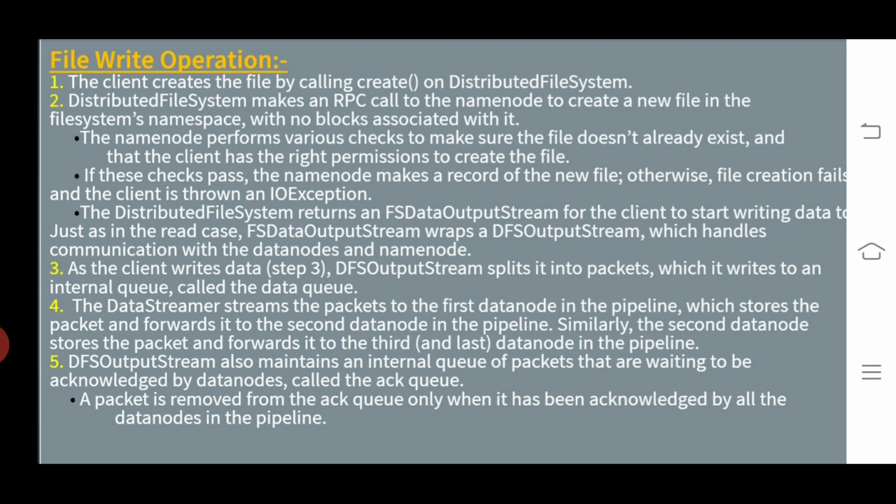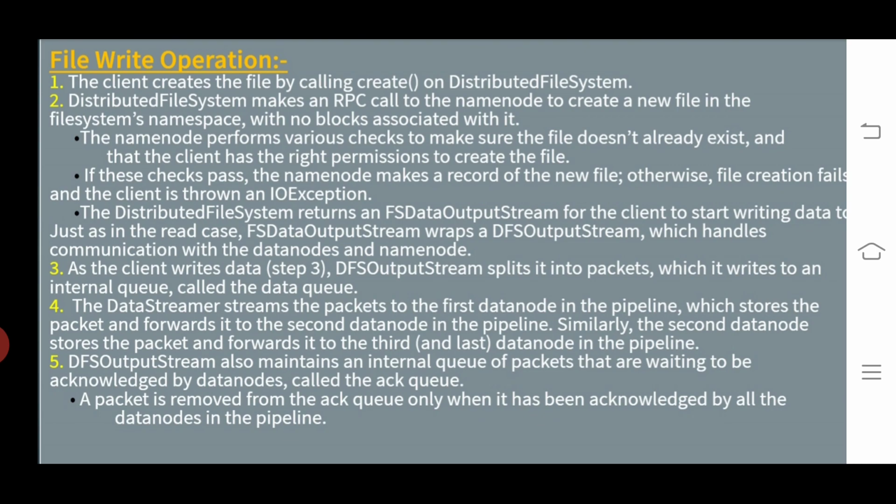Coming to step 4, the data streamer streams the packets to the first data node in the pipeline, which stores the packet and forwards it to the second data node in the pipeline. Similarly, the second data node stores the packet and forwards it to the third and last data node in the pipeline.